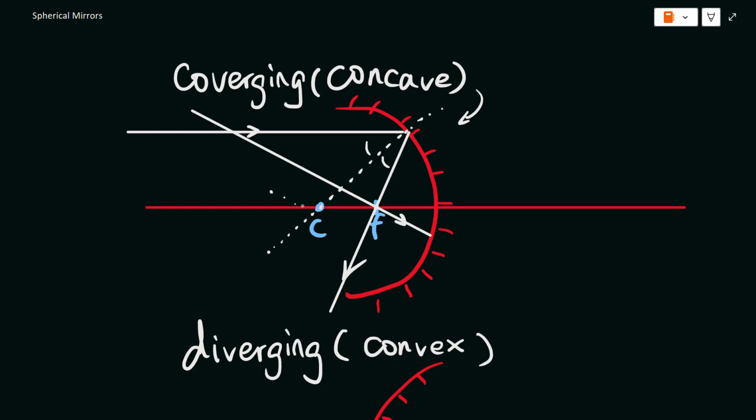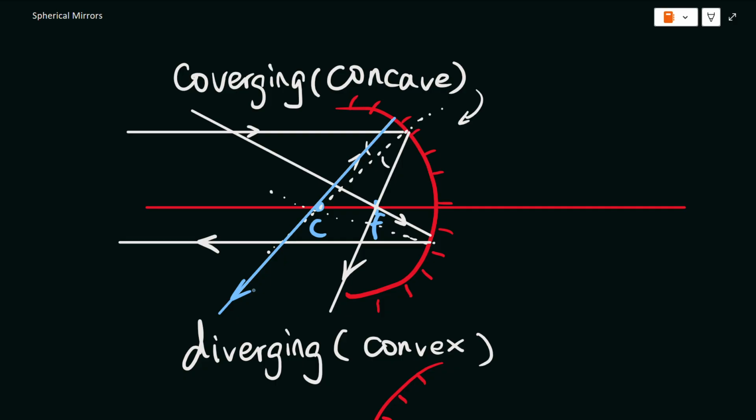We would still have a normal line with the center, and then the outgoing ray will be horizontal. The final line we could draw is the one that goes through the center, and the reflected ray, or the outgoing ray, will be exactly the same as the incoming ray.